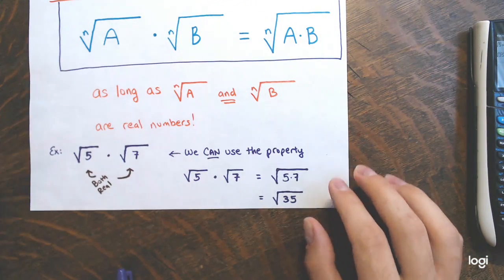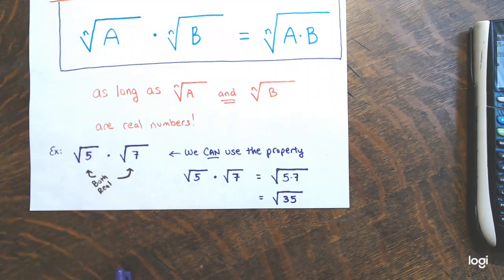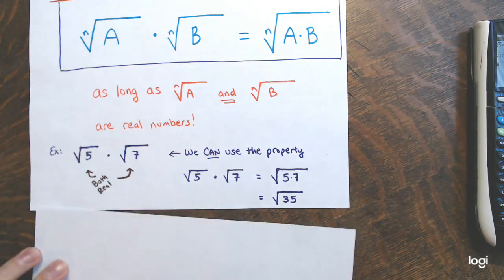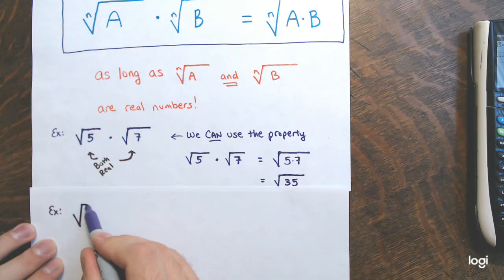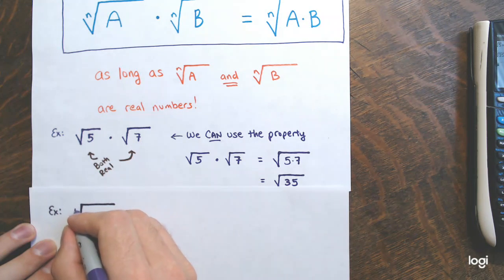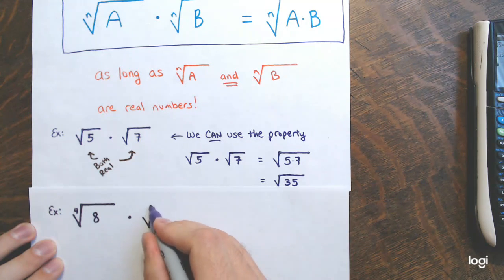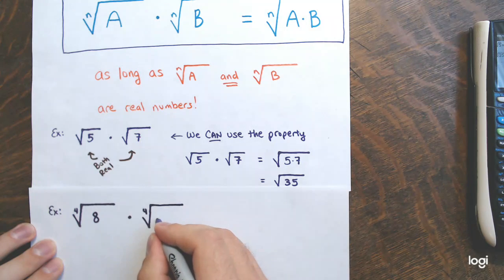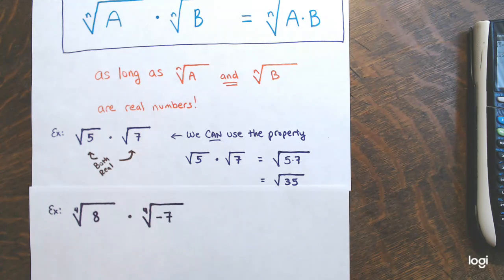Now if you have a case where one of these is not real, you can't use the property. So another example would be, what's the fourth root of 8 multiplied by the fourth root of, say, negative 7? This first number, the fourth root of 8, is an even root with a non-negative radicand. 8 is not negative, so this is a real number.